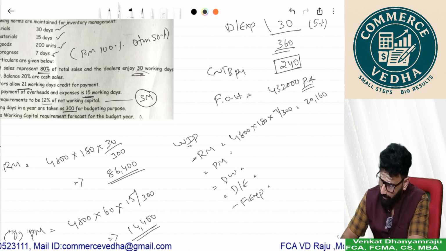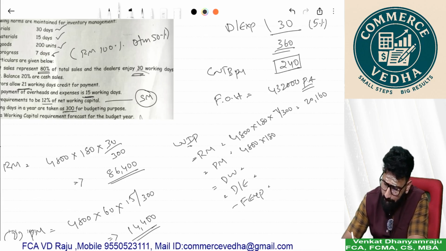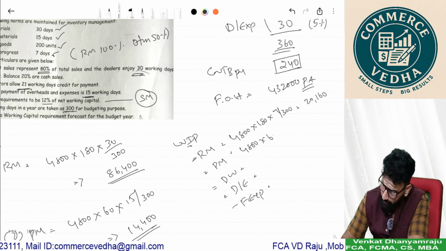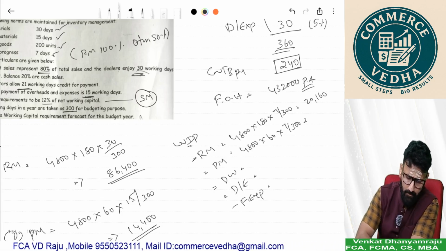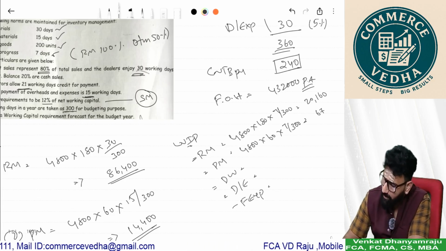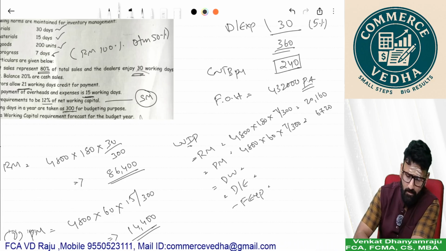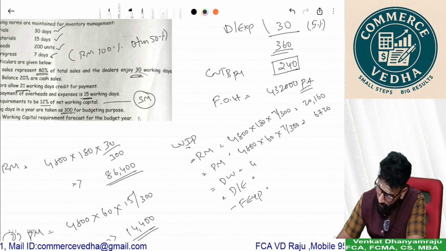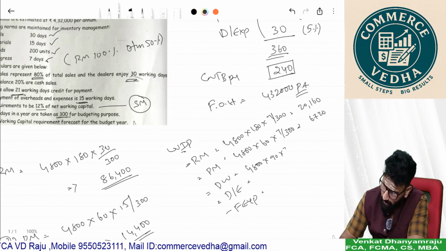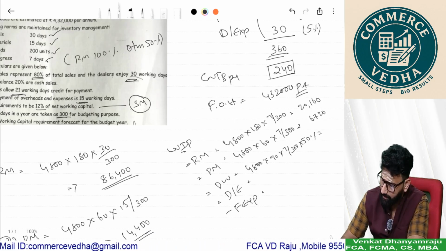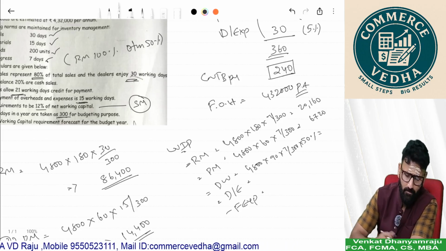$20,160. Packing material 4,800 into 60 into 7 by 300, 6,720. Then comes your direct wages, 4,800 into 90 into 7 by 300 into 50%, 5,040.